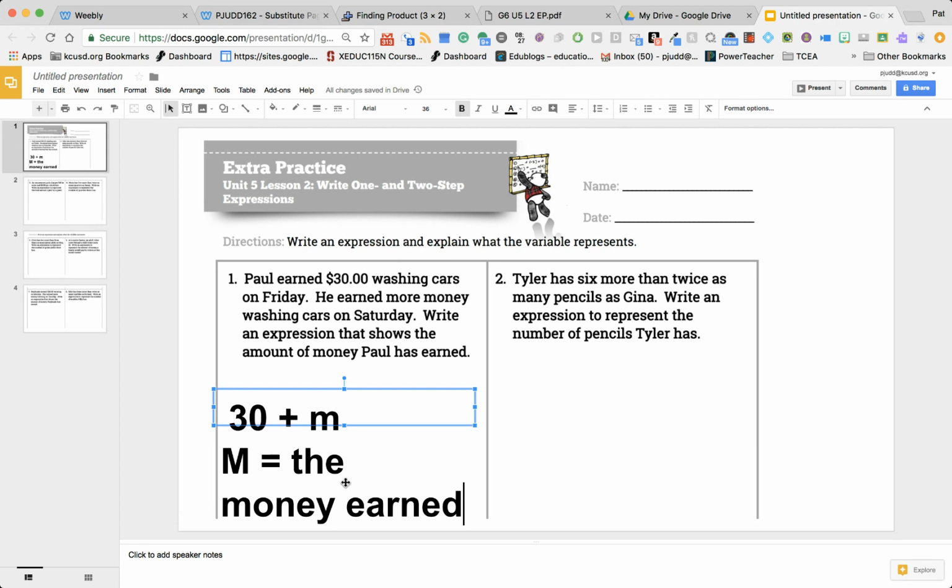So now I'm going to have you take a look at 2. I want you to read it. On your paper, you're going to record the important information, just like you did for 1. And you're going to then write your expression and you're going to write the meaning for the variable, or what the variable represents.